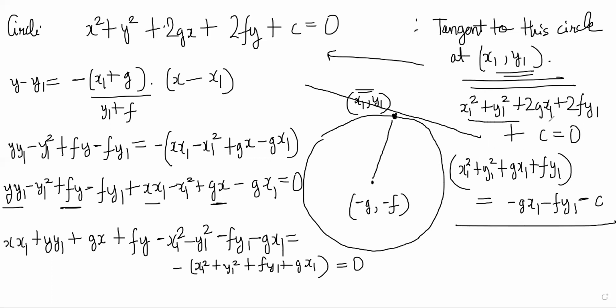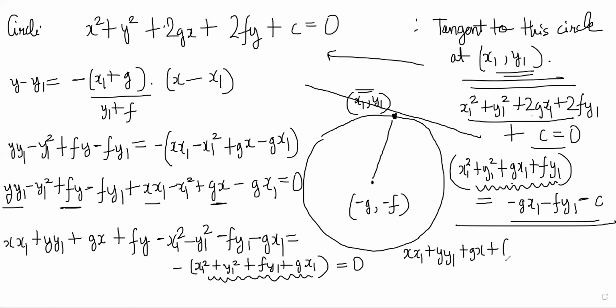From here, like I have basically split my 2gx1 as 1gx1 here and 1gx1 on the other side, right? So I'm just writing these four terms here because these four terms are coming here, right? So then, instead of this, I will write this. So what I will get is x x1 plus y y1 plus gx plus fy.